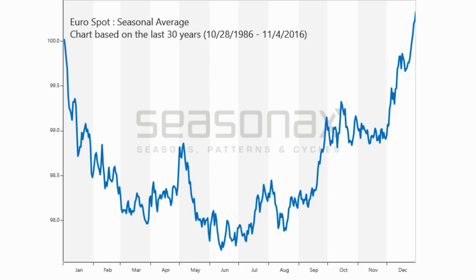Now all of this price section that you see right here is basically a summary of what Euro USD has done periodically and seasonally over each year throughout the last 30 years, or the last 3 decades, right?